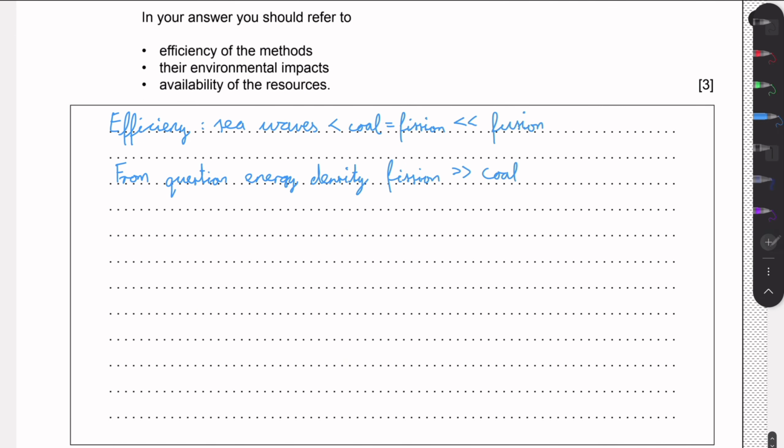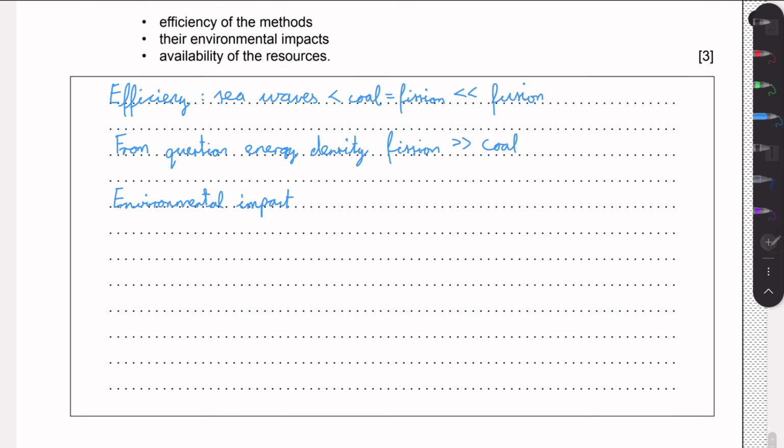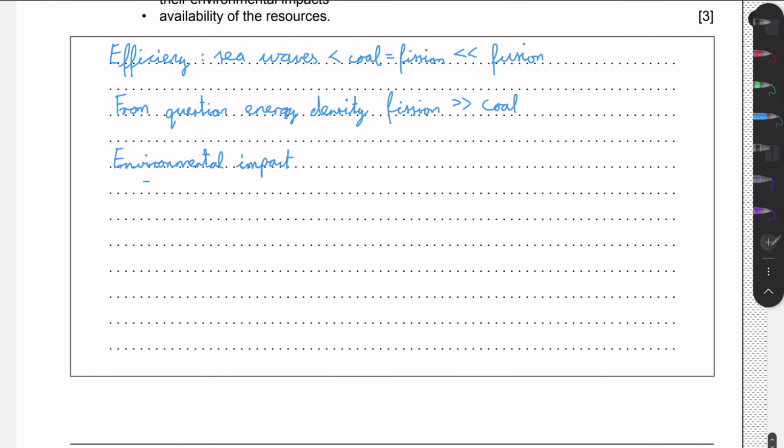And then we can also look at the environmental impact. Total impact of all of these. So we had coal, we had fission, we had fusion. Well, sea waves have very minimal environmental impact.